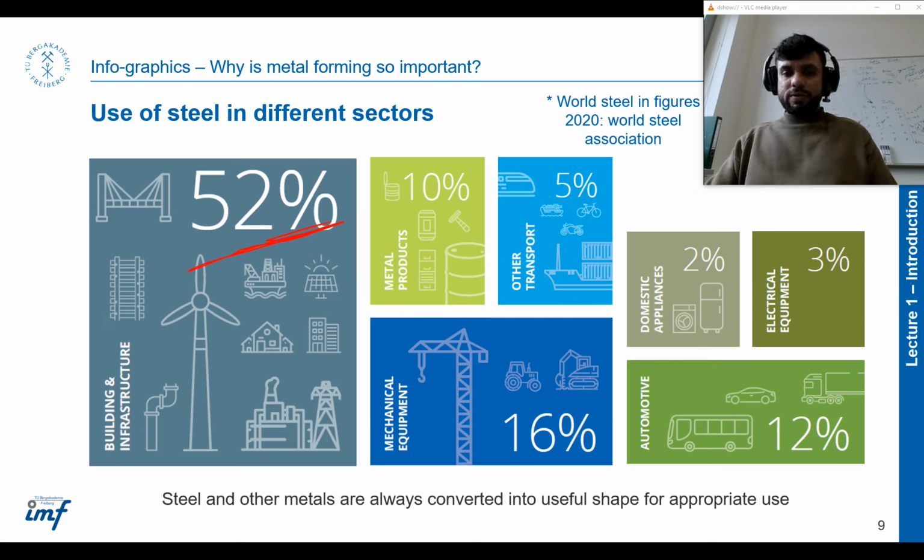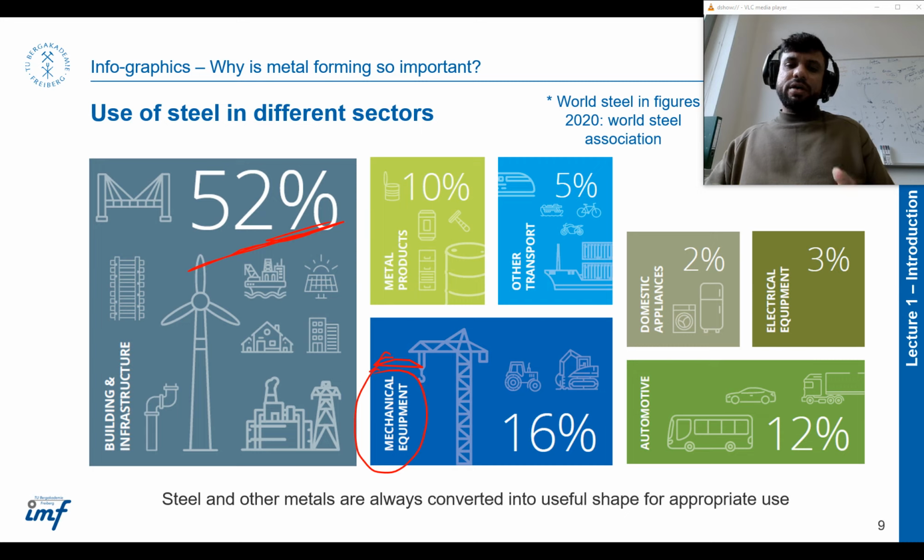Then the next big chunk is used in producing mechanical equipment, almost 16% of it, which means cars, rockets, aeroplanes, all the heavy equipment and machinery and cranes and so on.